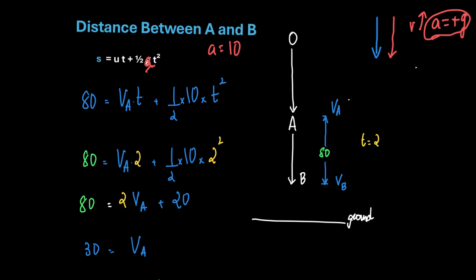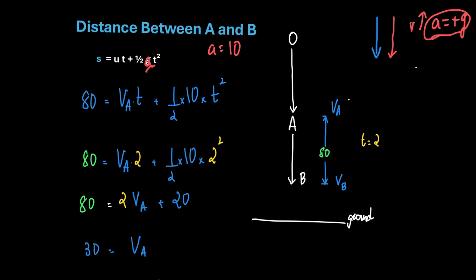It is the velocity at the initial position. Along the path AB, the initial position is A, so the corresponding velocity is VA. So this becomes 80 equals VA times T plus half into 10 into T square, given in the question that the motion from A to B takes place in 2 seconds. Half into 10 into 2 square is 20. 80 minus 20 is 60, 60 over 2 is 30, and therefore VA is equal to 30.